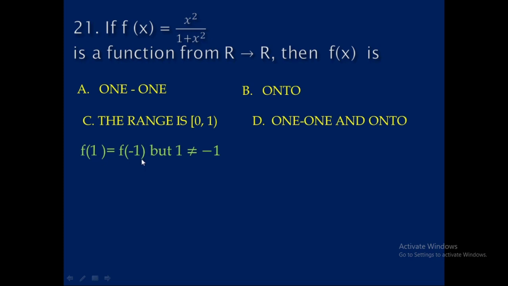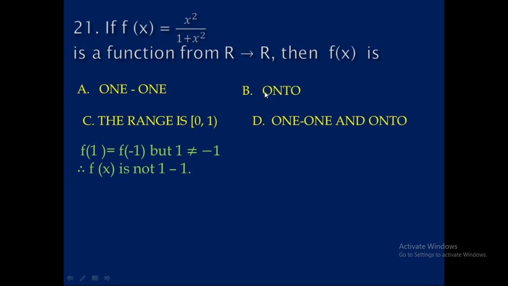Taking 1 and minus 1, f of 1 is 1 by 1 plus 1, which is half, and f of minus 1 is also half. Or simply, f of a is a square divided by 1 plus a square, and f of minus a is a square divided by 1 plus a square. A is not equal to minus a, therefore this function is not one-one. It is clear? It is not one-one. Therefore, A and D are not true.